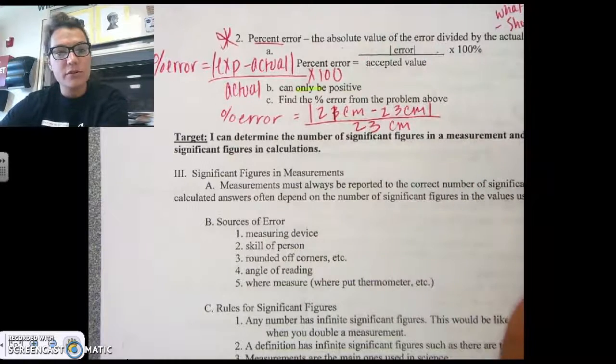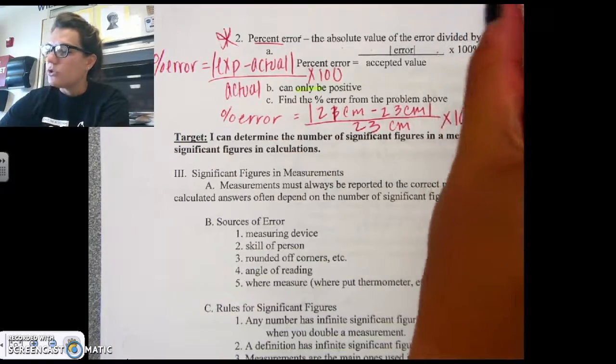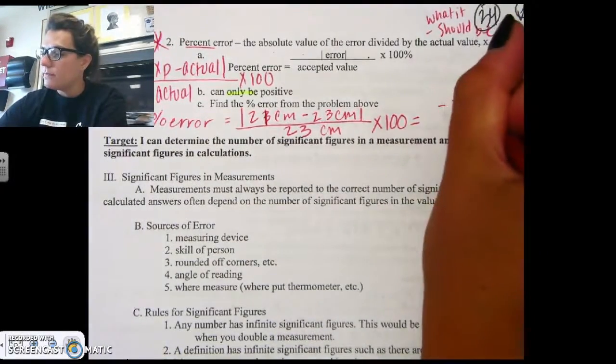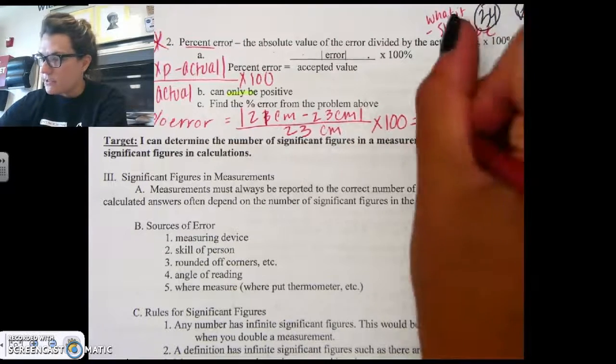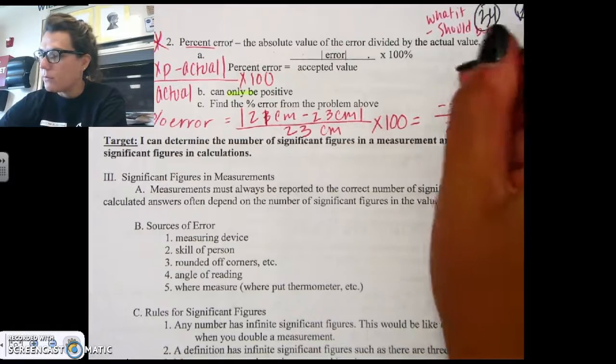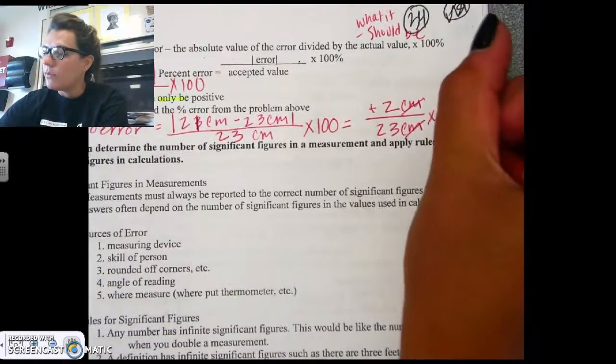You'll notice that the centimeters will cancel because we need a percentage. And then times 100. So that's going to be equal to 2 centimeters divided by 23 centimeters. It's not negative anymore; the absolute value makes it positive. The centimeters cancel, and I'm going to do that times 100.